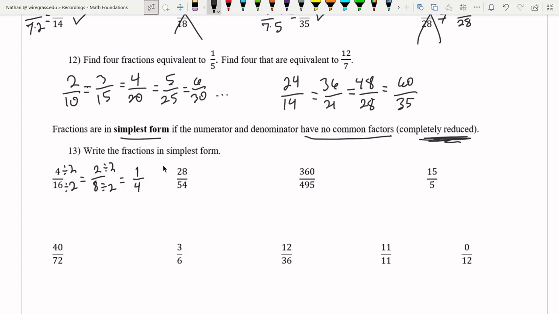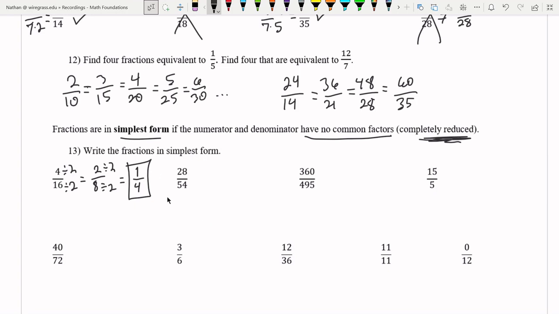There's no other factor in there. And there's no point in dividing by 1 because it's not going to change anything. So there's no common factor besides 1 between 1 and 4. So 1/4 we say is the simplest form, or the reduced form, of 4/16. It's the smallest form that shows the exact same relationship, or the exact same representation.